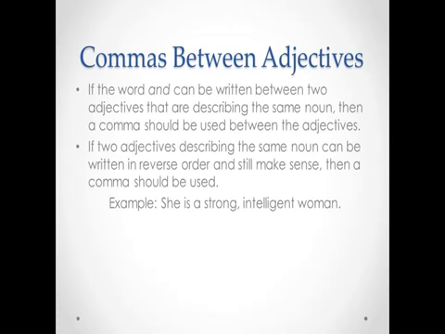She is a strong and intelligent woman. Yes, it does make sense, so you could put a comma there instead of "and." Also, if you can reverse the order of the 2 adjectives, then it would be fine as well. So she is an intelligent, strong woman, and that makes sense as well. So you could put a comma between.